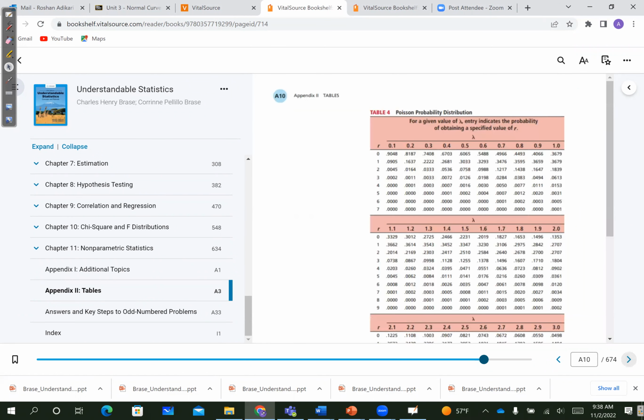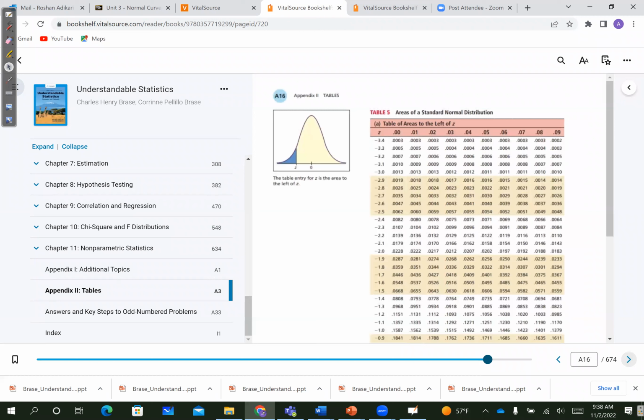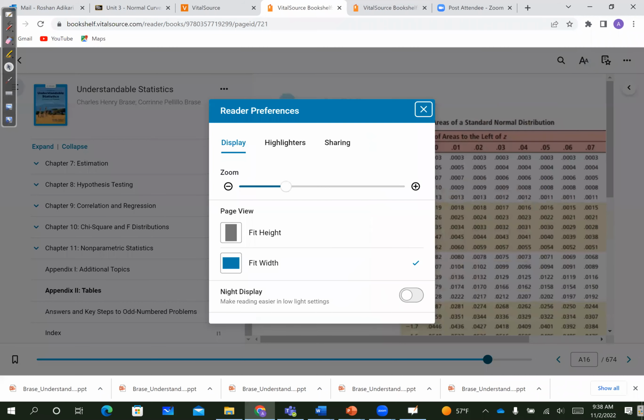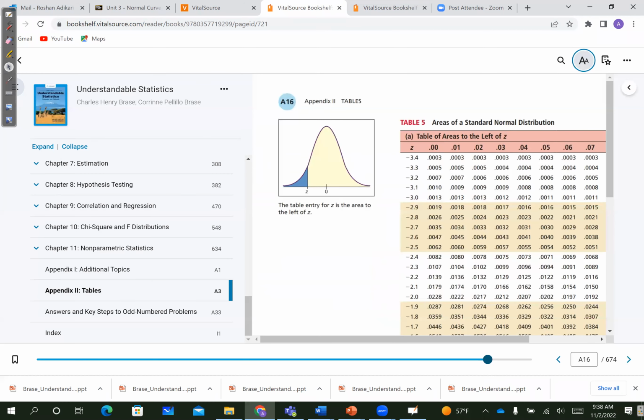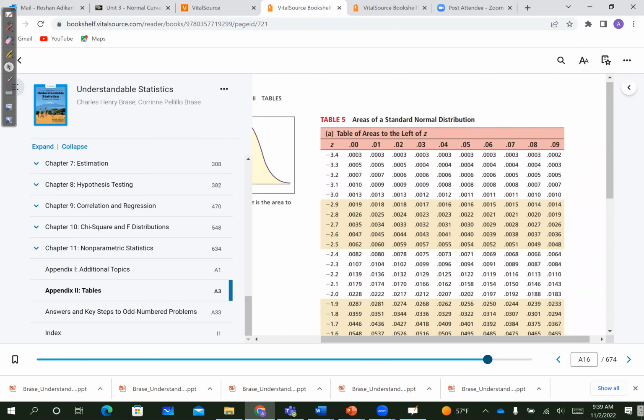Now these middle values, those are the values. So you are looking for z.